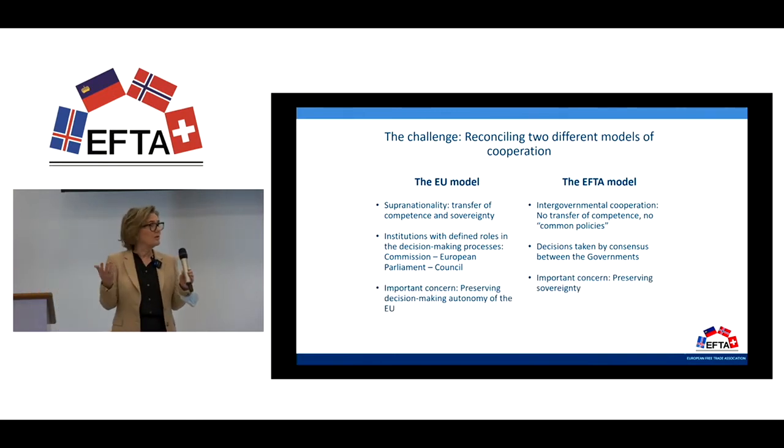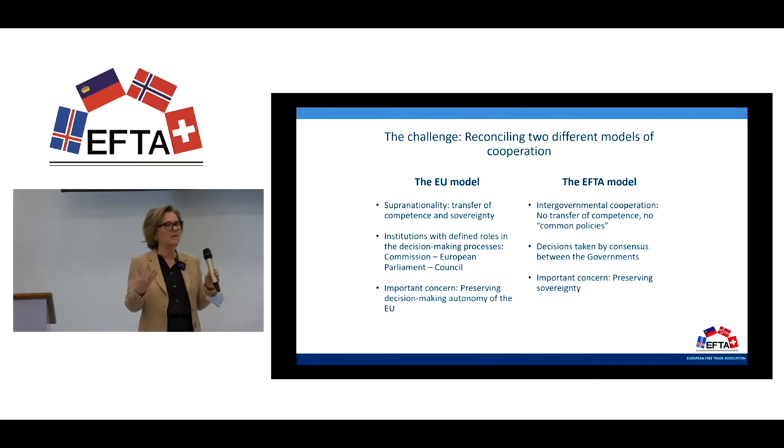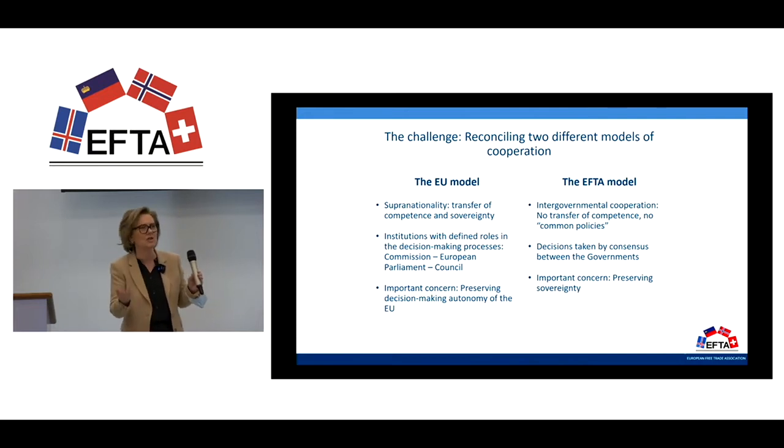And an important concern for the EU side is to preserve, of course, the decision-making autonomy of the EU, whereas on the EFTA side, the important concern has been to preserve the sovereignty of the EFTA states and their governments. And also on the EFTA side, we need to respect the constitutions of the member states.